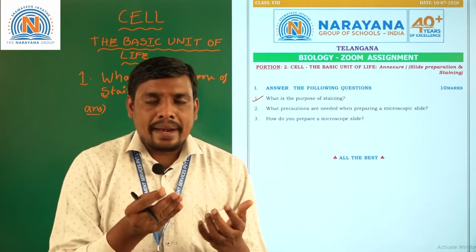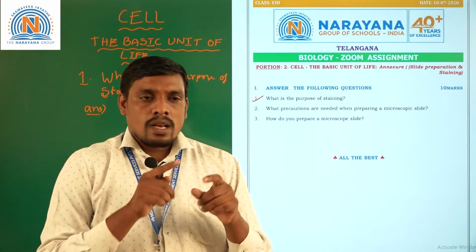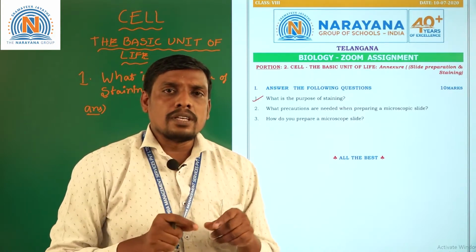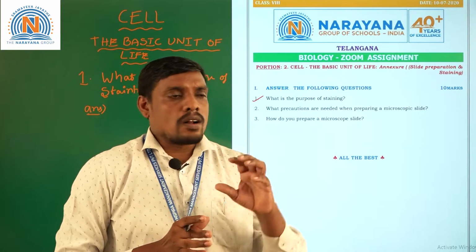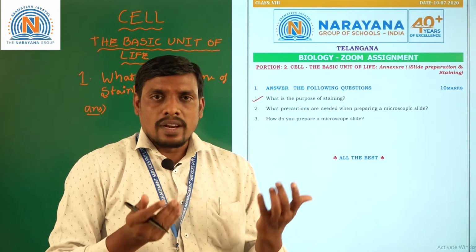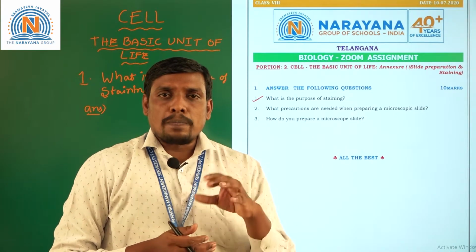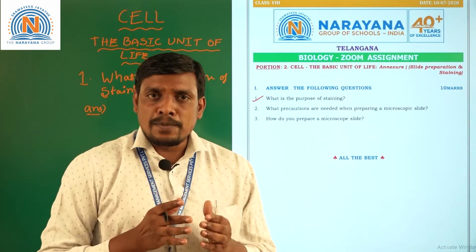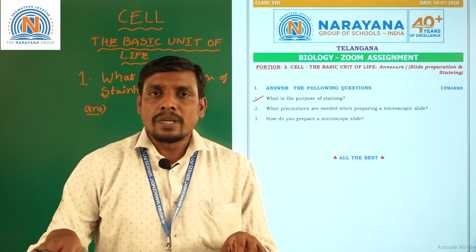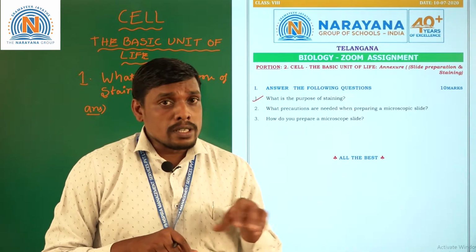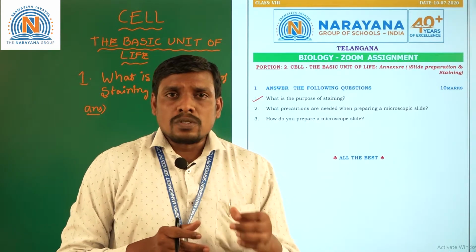When you add crystal violet color to the lactobacillus bacteria, the cell membrane around the bacteria absorbs that color and becomes visible in front of the microscope. So the purpose of staining is that it helps to observe microscopic organisms that are present in and around our surroundings.